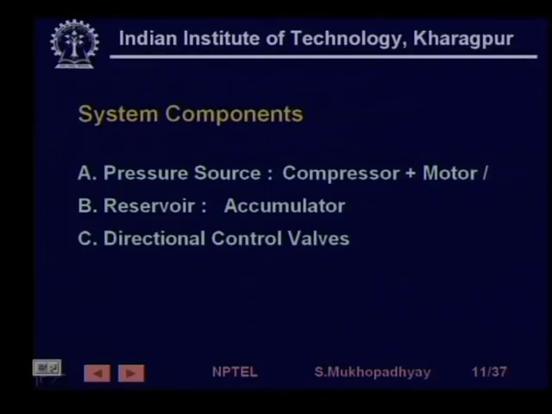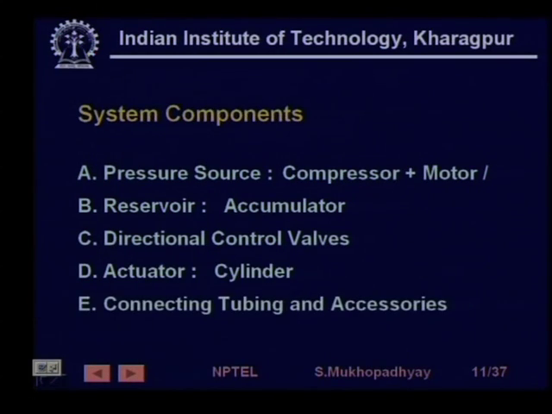Therefore, in pneumatic control systems accumulators are very much necessary, more than in hydraulic controls. Then we have the direction control valves and actuator, as we have already said, and we naturally need connecting tubing and accessories like filters.